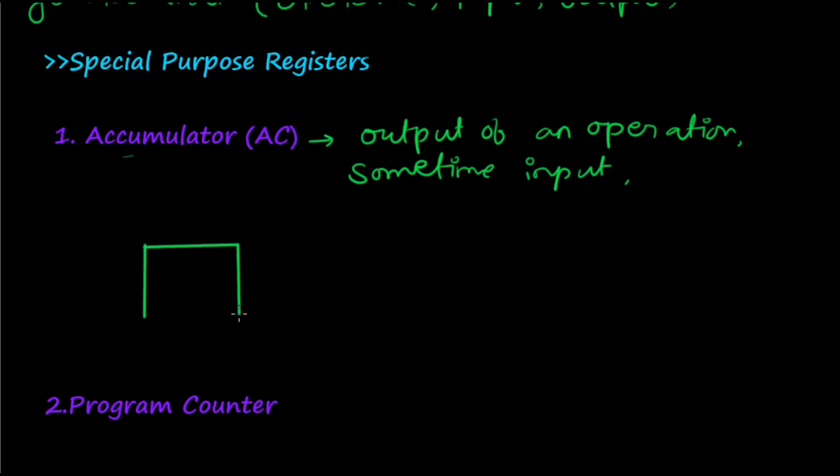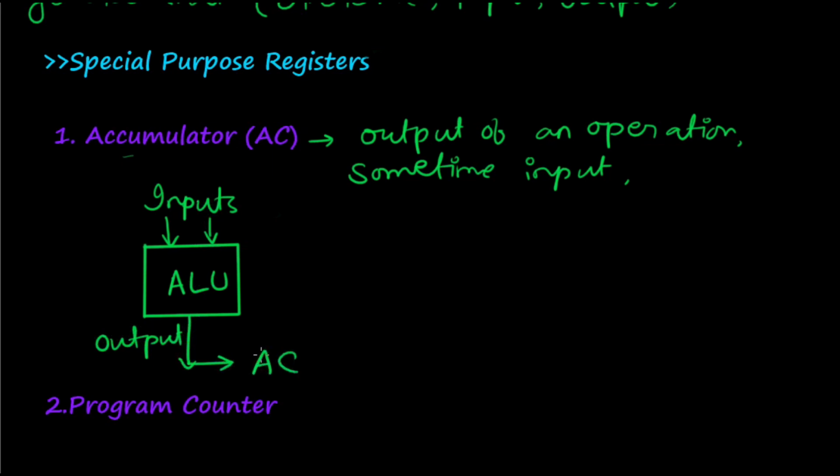Let us take an example. Suppose this square rectangle box represents the ALU. You know that inside the ALU we do arithmetic and logical operations, right? Now you have fed some inputs inside the ALU. Where will the output of the ALU be stored? It will be stored inside the accumulator.